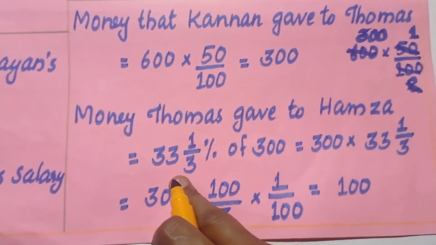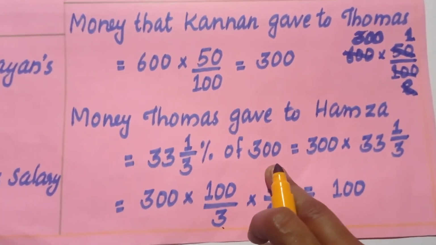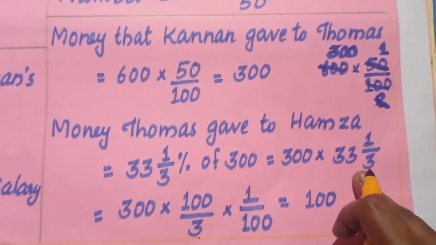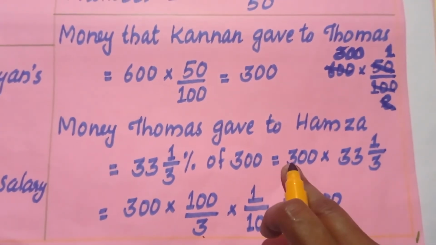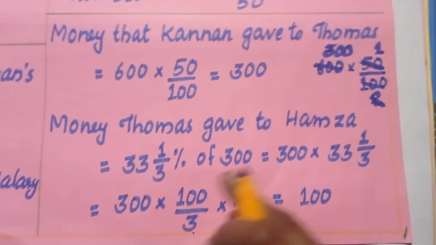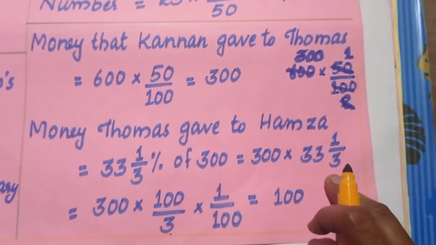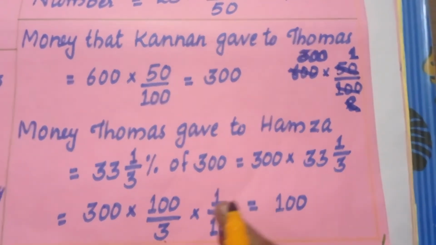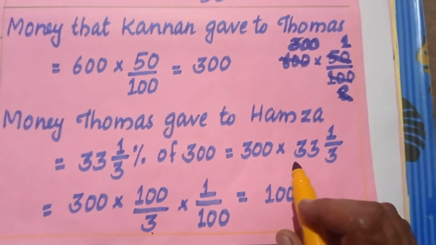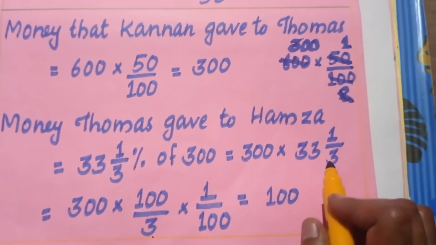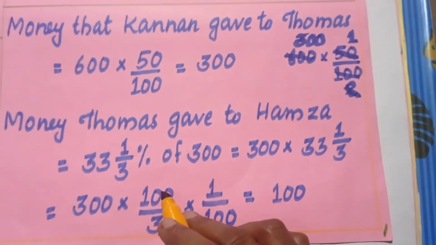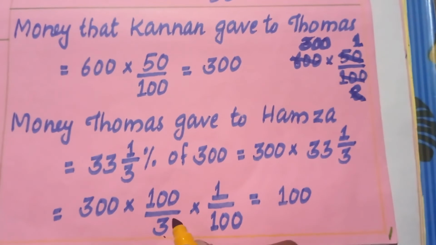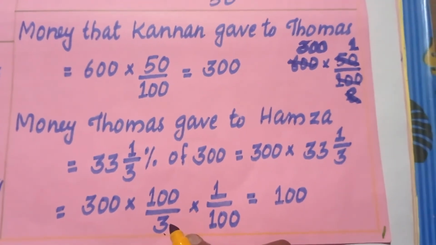That is 33⅓% of 300. 300 into 33⅓%. The fraction 33⅓ can be written as 100 by 3: 33 into 3 is 99, 99 plus 1 is 100, so 100 by 3.